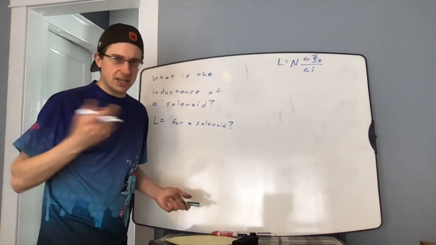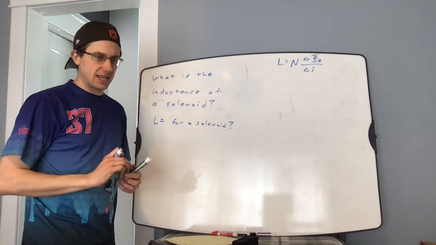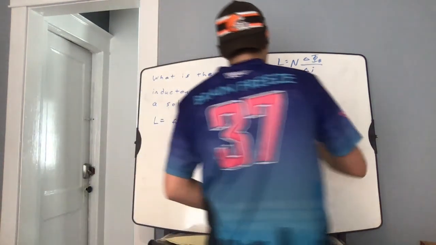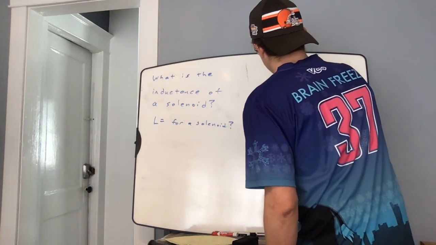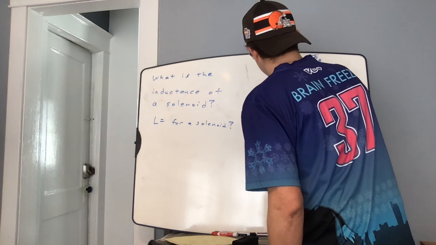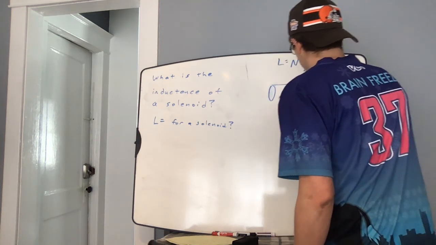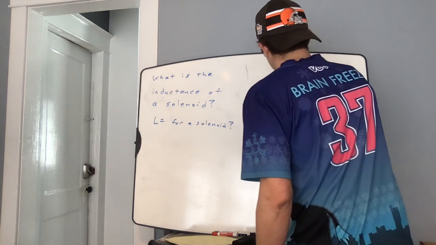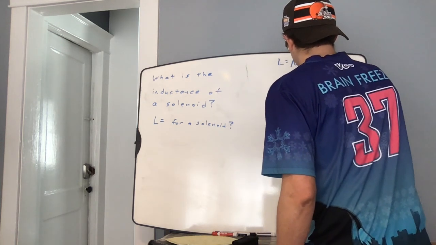Now, a solenoid, as we said before, is just a coil of wire wrapped in the shape of a cylinder. So I'll draw my solenoid. So here's my solenoid with all the coils of wire.